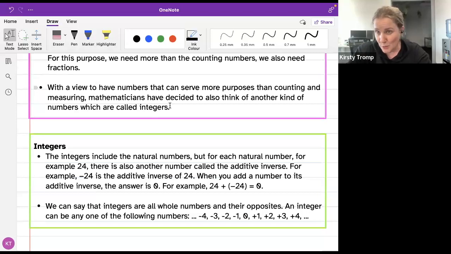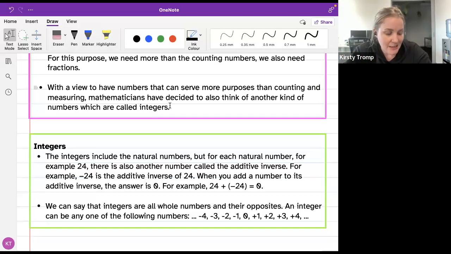The opposite of 24 is going to be negative 24. When you add a number to its additive inverse, so a number and its opposite, the answer will be 0. So 24 plus negative 24 gives you 0.